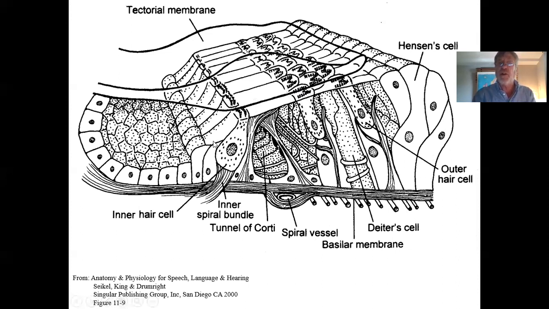Remember, the inner hair cells are like pears, like couch potatoes. They have a different shape, and their neurons are the eighth nerve fibers, and the outer hair cells terminate. The neurons that go to them are the olivocochlear bundle. Here they're drawing 3 rows of outer hair cells, so they must be talking about the base of the cochlea.